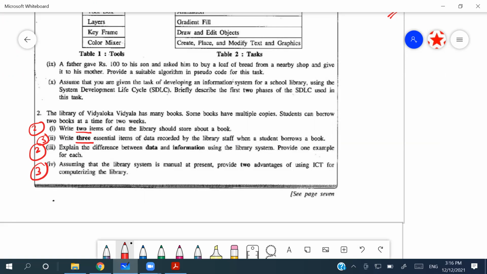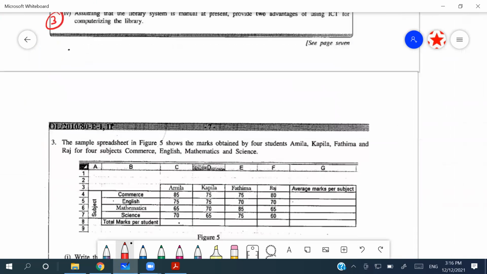But you should have the explanation as well as what kind of things that you are using for this task. Right, so 3 marks for that. So altogether it will give you 10 marks. So see how many you got out of 10.